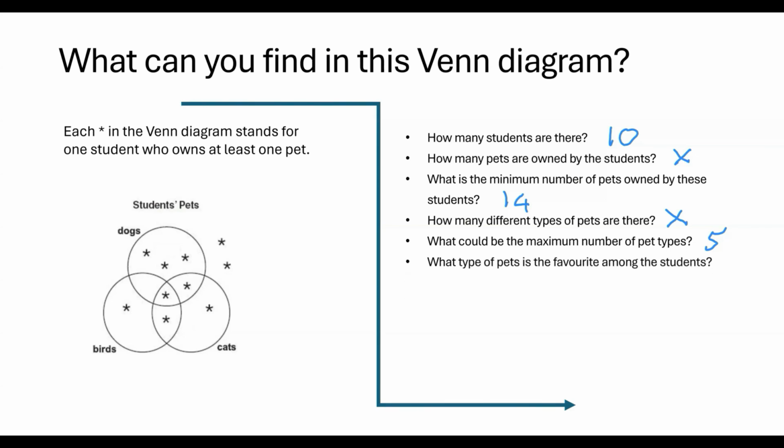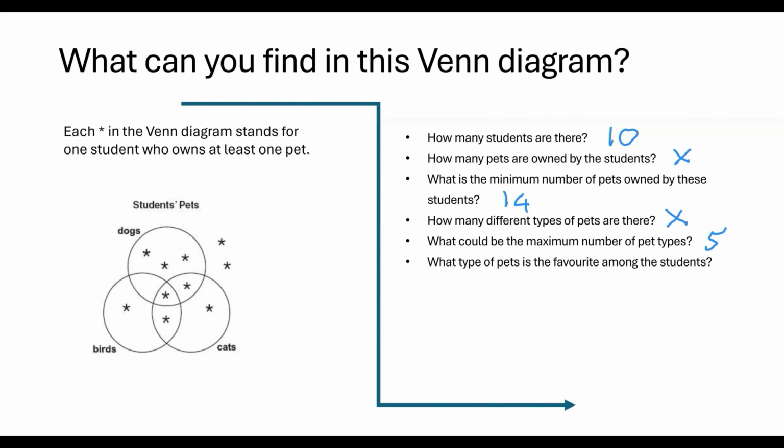Now, what type of pet is a favorite among the students? This means the type of pet that will have the highest count among all the students surveyed. So look at the diagram clearly. The dog. Dog have 1, 2, 3, 4, 5. 5 students actually own the dog.